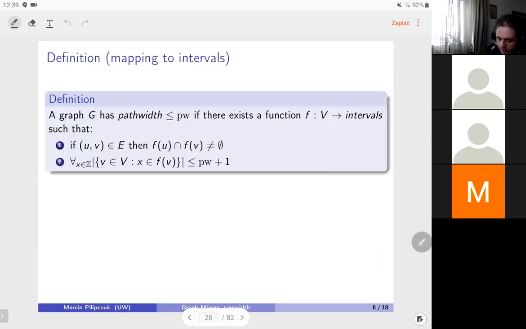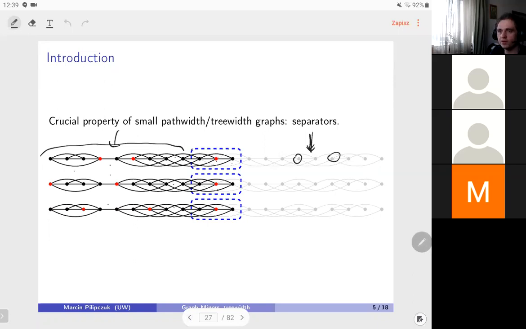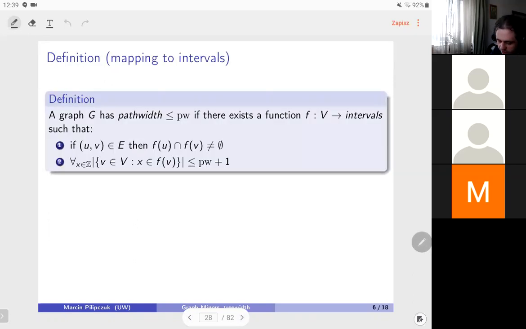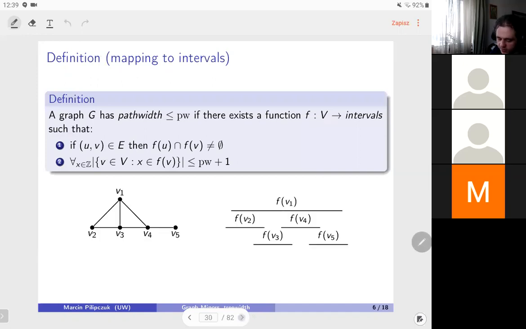Okay, good. So let's go to the definition. We have this idea of sweeping with a separator, and let me propose the following definition. I want to say that the graph has pathwidth at most some constant called PW here if I can draw every vertex as an interval on a line.